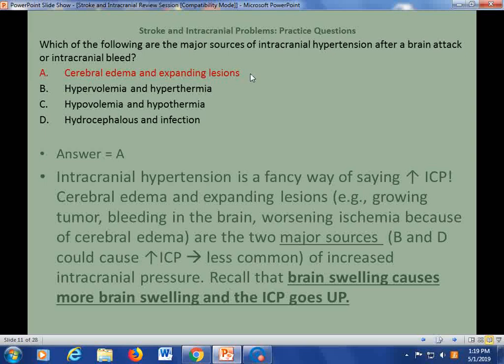Now, we know that intracranial hypertension could be caused by hypervolemia, but really we're asking specifically which of the following are the major sources. I want to point out that anytime you have a question, there will be answers listed that are correct, but they don't necessarily answer it correctly or are the best answer.